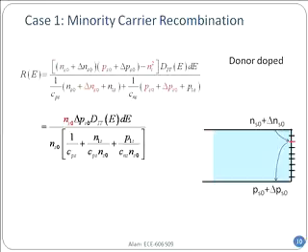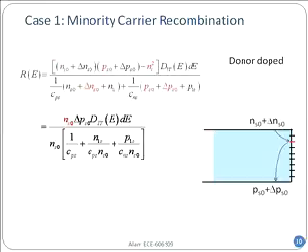Now, we have done this in the last class, minority carrier injection, remember, in the bulk case. N naught multiplied by P naught, what is it always equal to? Always equal to Ni squared.